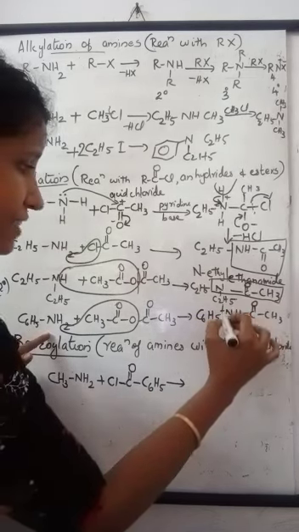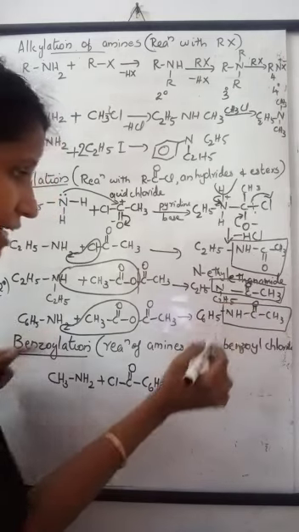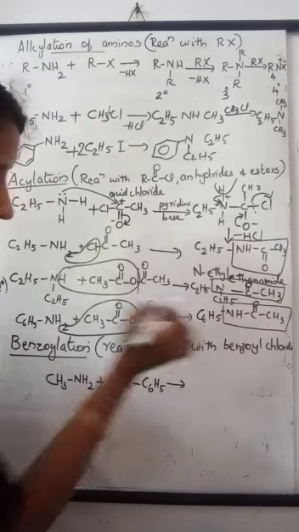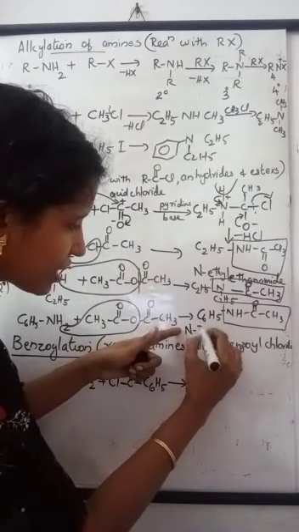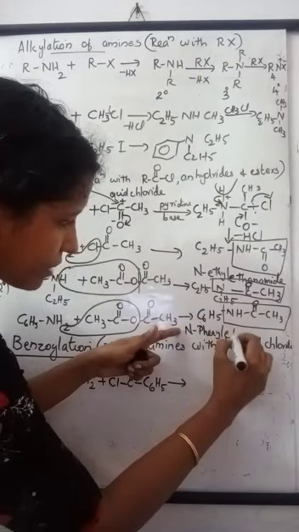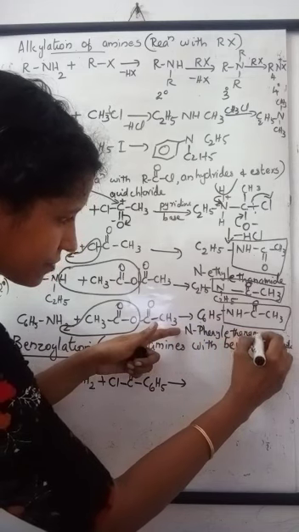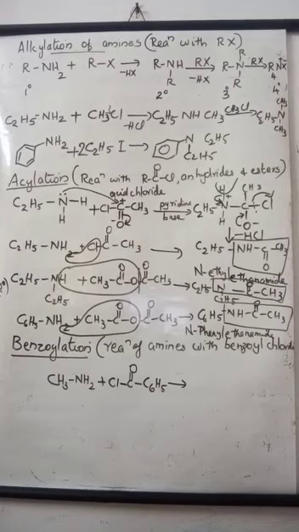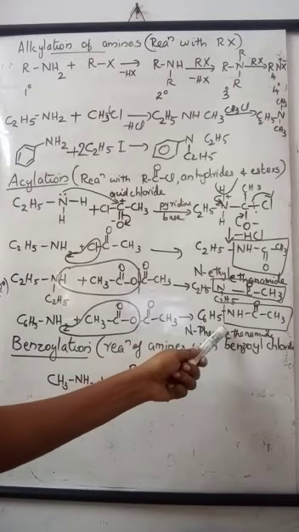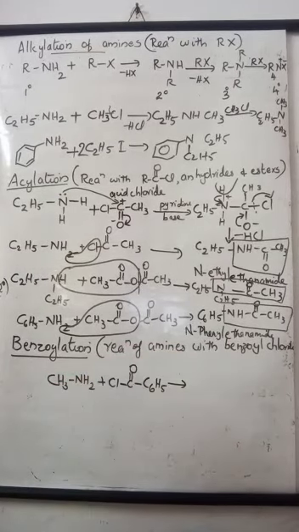This is also ethanamide. This ethanamide contains a phenyl group on the nitrogen atom, so this is N-phenyl ethanamide. N-phenyl ethanamide is also known as acetanilide.